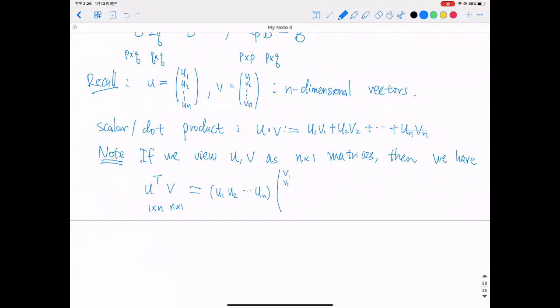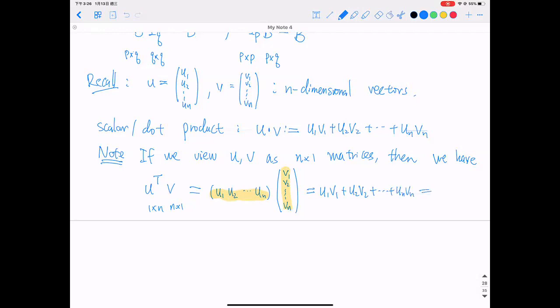And v is still v. Now, if you are taking the matrix product of these two, you'll be taking this row multiplied by this column in the way the matrix product is defined, namely multiply the corresponding entries together, then add them.